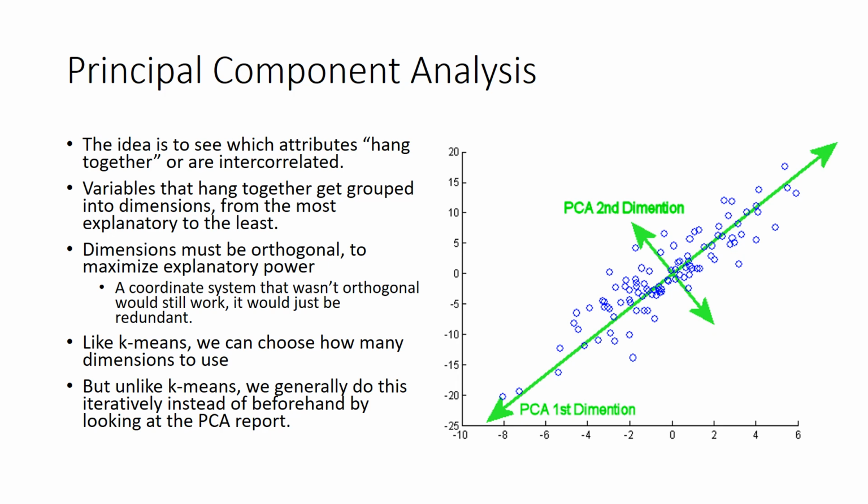In this case, we would fit a first axis along the long dimension here that would partially describe our data. And then the second dimension would be 90 degrees to that. And all of our data essentially varies according to these dimensions.